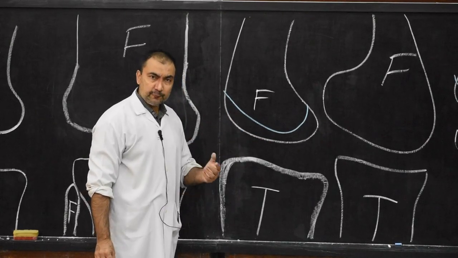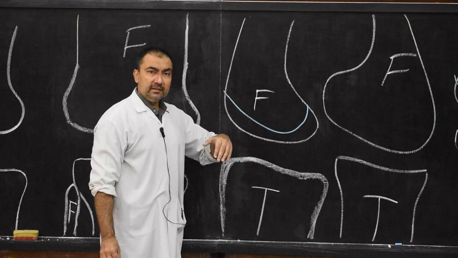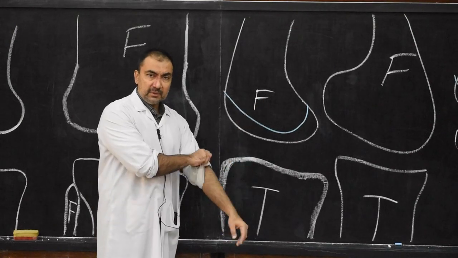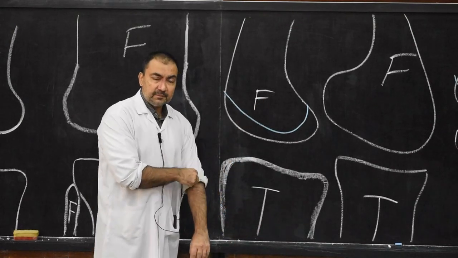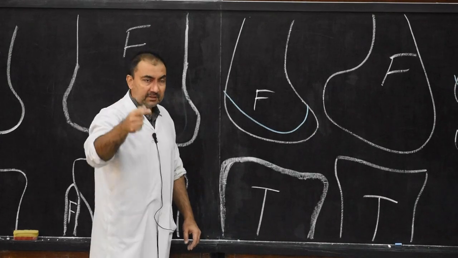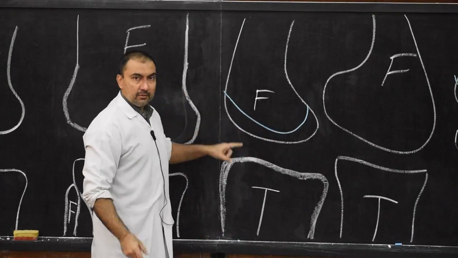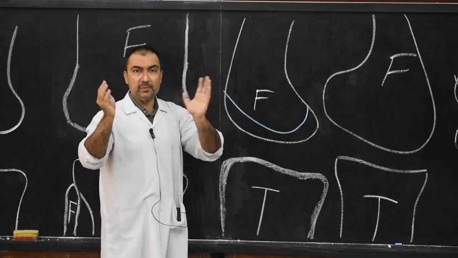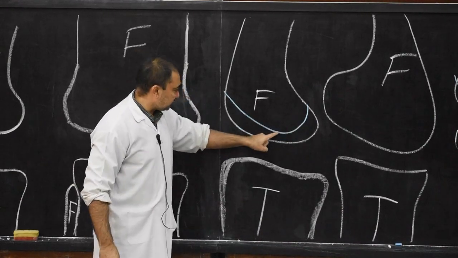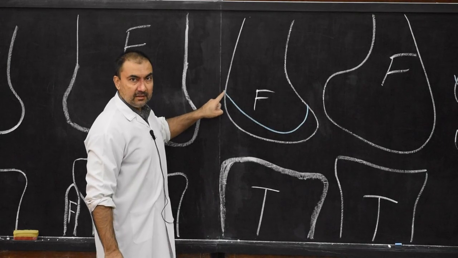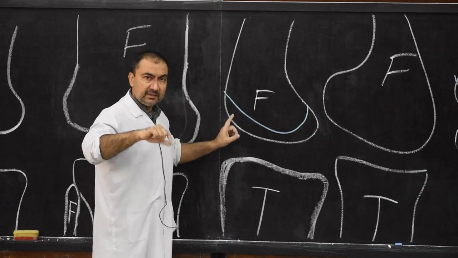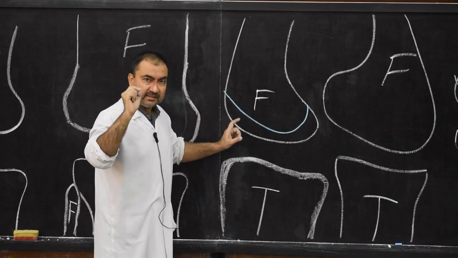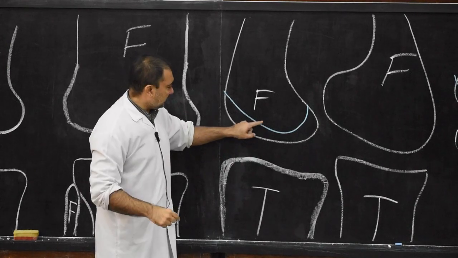So very simple, medially in the upper part, that is in the femur, the capsule is attached 1 centimeter above the articular margin of the medial surface of the medial condyle of femur. This is the continuation of the capsule. This is the attachment. Exactly where? 1 centimeter above the articular margin.